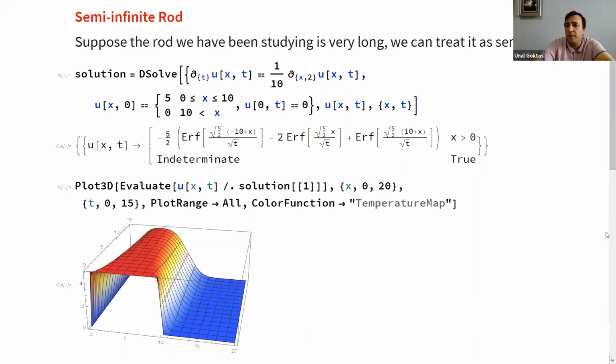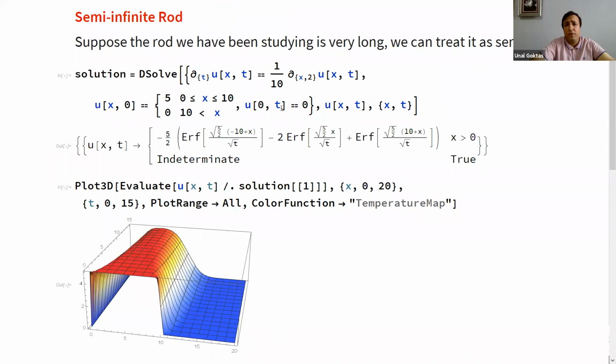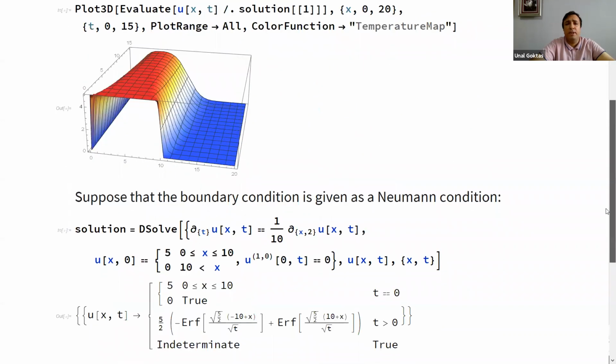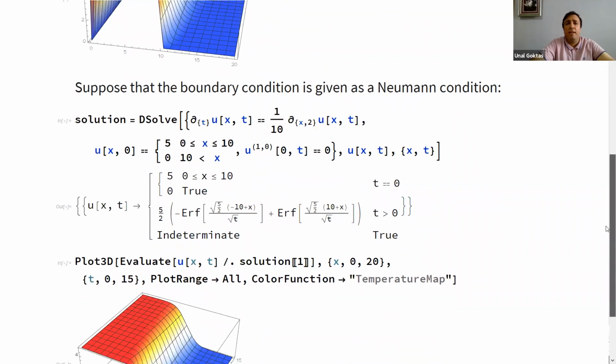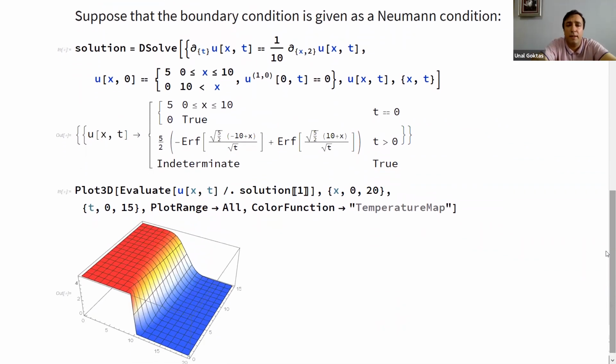And if you plot this one, the solution will look like this. In this first one, we had a Dirichlet condition. If we change the condition to be a Neumann condition, then again we get a piecewise error function solution. And this time the solution will be looking like this one here.